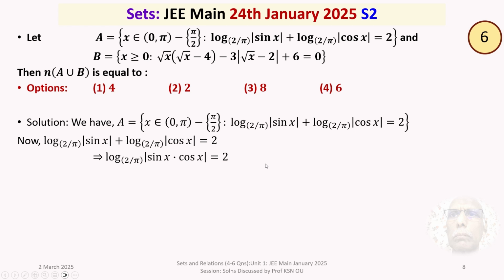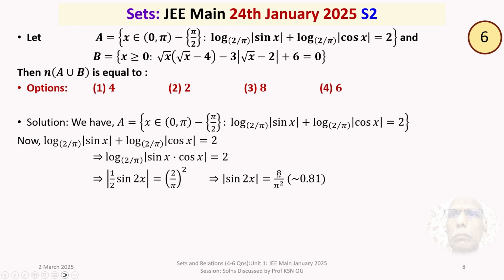Take off the log, you will get mod of sin x cos x, which we have written as 1 by 2 into sin 2x, mod of, is equal to (2 by pi) to the power of 2, that is (2 by pi) whole square. That is mod sin 2x is equal to 2 times 4 by pi square, that is 8 by pi square.